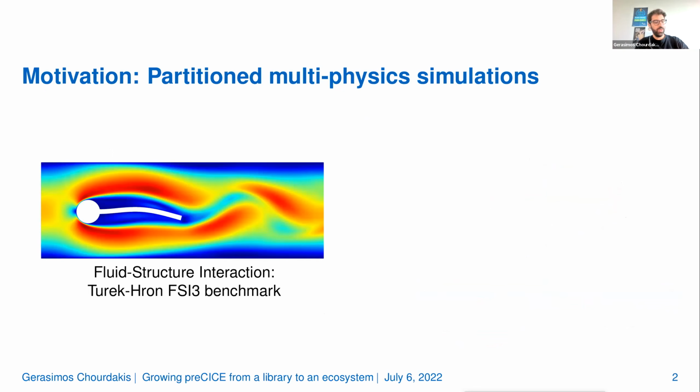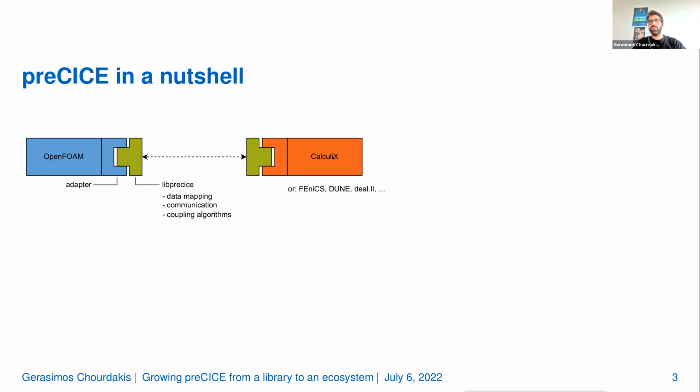Okay, but let's now dive a bit deeper and try to understand what this library is. Imagine that on the one side you have a flow code, let's say OpenFOAM, and on the other side you have a structure code, let's say CalculiX is a famous example, or some other codes that I will explain in a moment. As I said, we want to take our flow simulation and plug into it a structure simulation. We can do that by using the preCICE library in both the solvers that we are using.